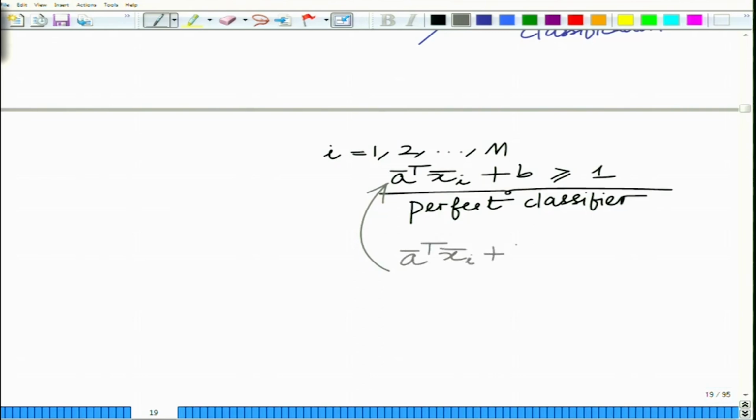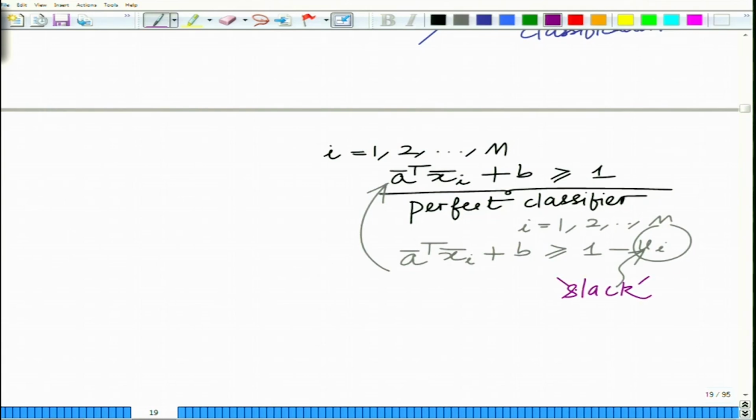a bar transpose x bar i plus b greater than or equal to not 1, but 1 minus u i, where, remember we are still talking about i equals 1, 2 up to m, this u i is termed a slack.